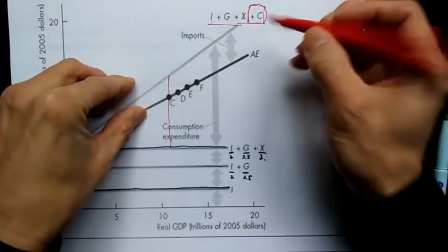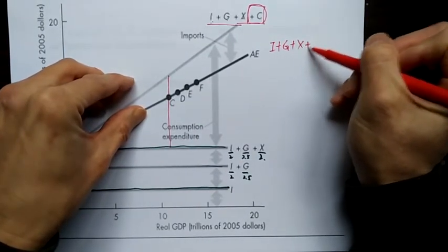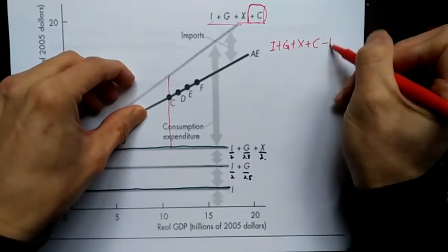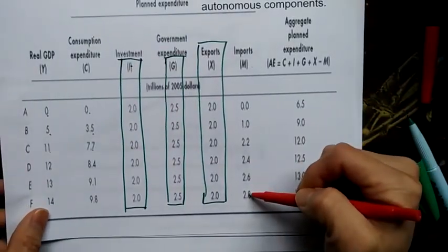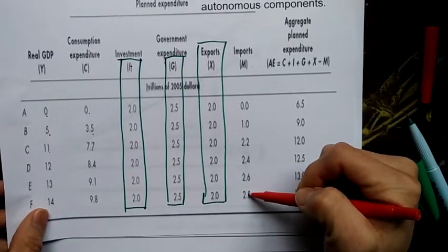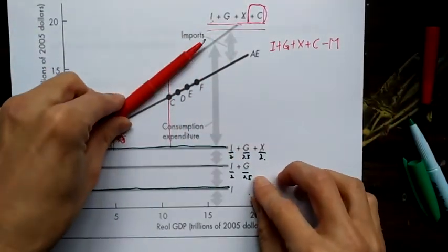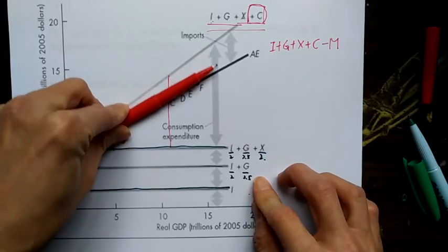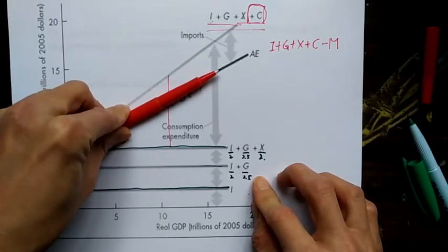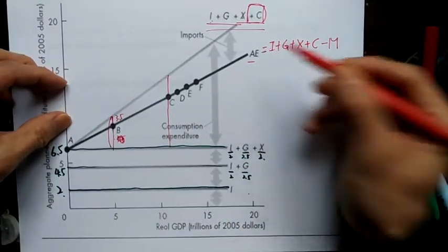Now I want to subtract M from this. Then I tilt this line down. And that's exactly our aggregate expenditure function.